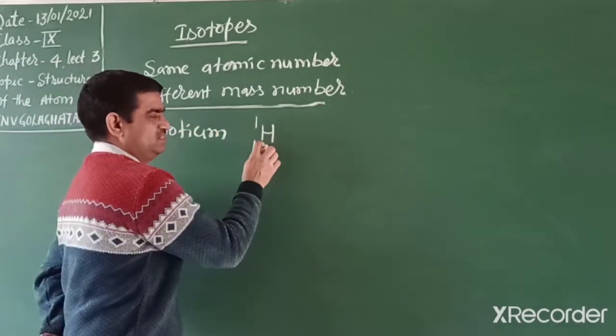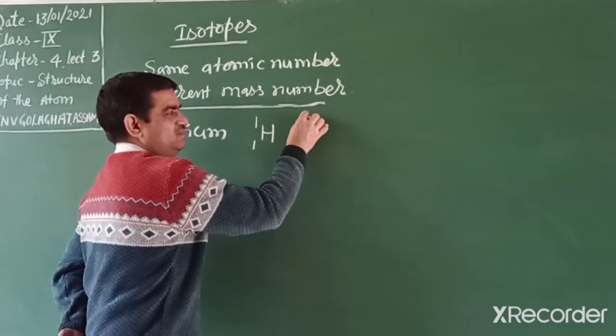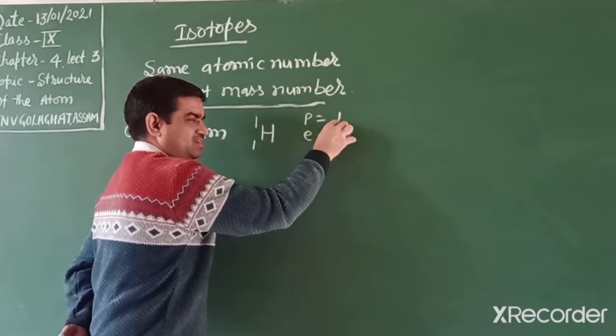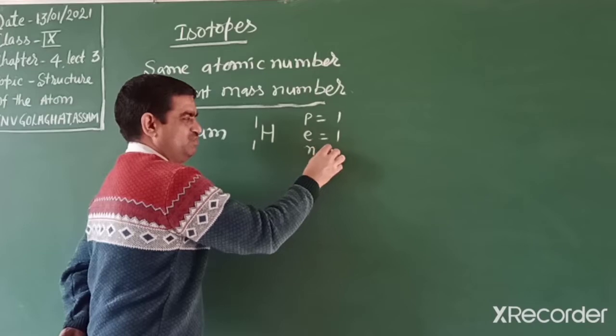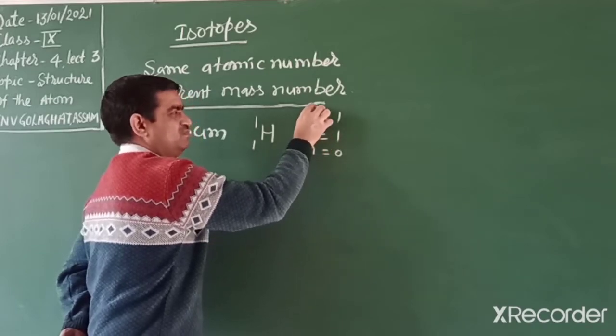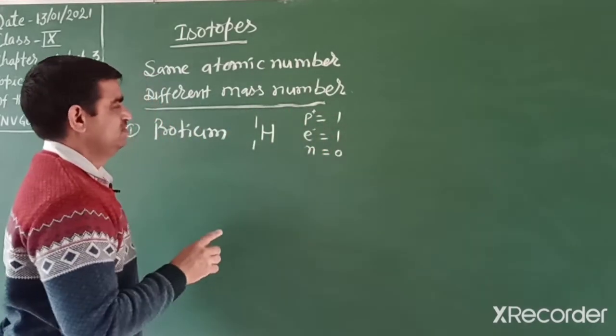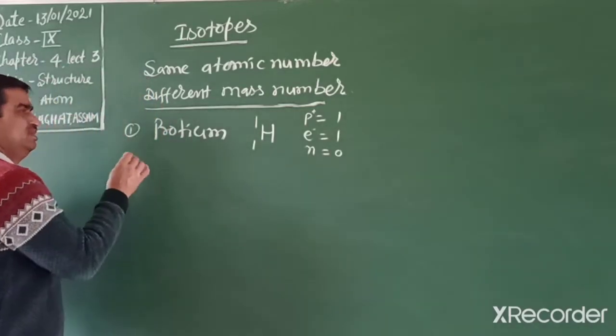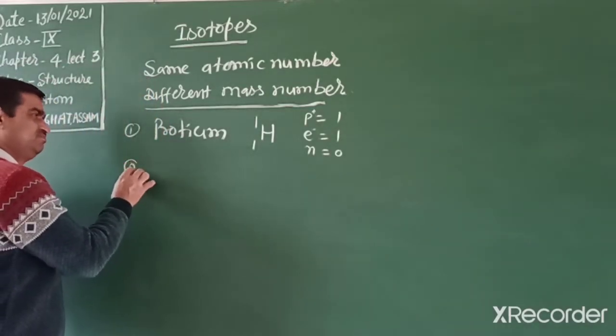It means protium has 1 proton, 1 electron and 0 neutrons. Proton 1, electron 1, neutron 0. That is protium.